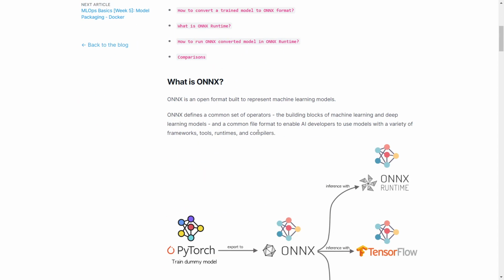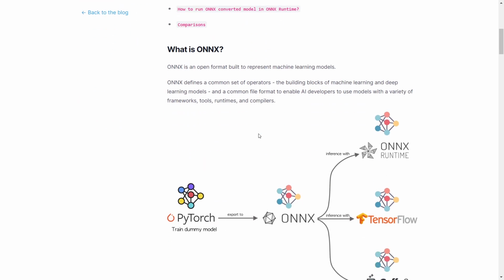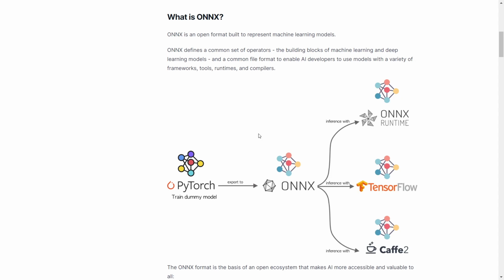So as I told you earlier, what exactly is ONNX? ONNX is an open format built to represent machine learning models. Since ONNX helps us standardize machine learning models, it helps us in defining a common set of operators, which are the building blocks of any ML or deep learning models, and a common file format to enable AI developers to use these models with a variety of frameworks, tools, runtimes, and compilers.